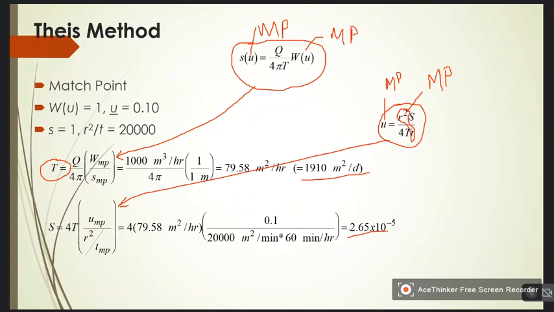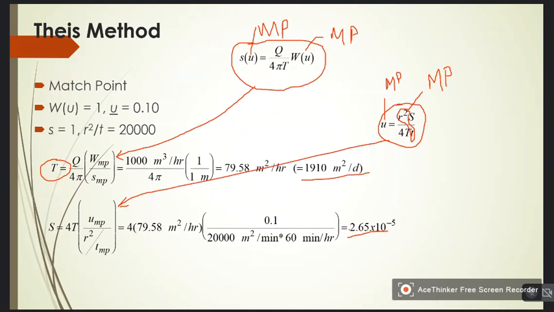So this is how we determine the aquifer constants, that is S and T, with the help of the pumping test data. The procedure is first you have to conduct a pumping test and measure continuously at different times the head in the well.